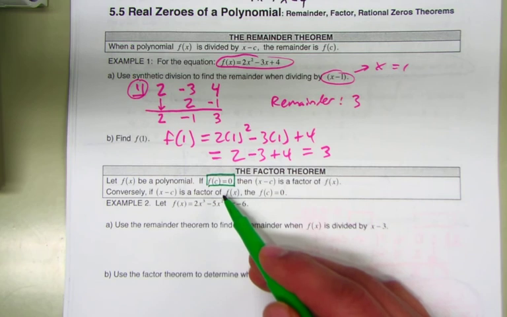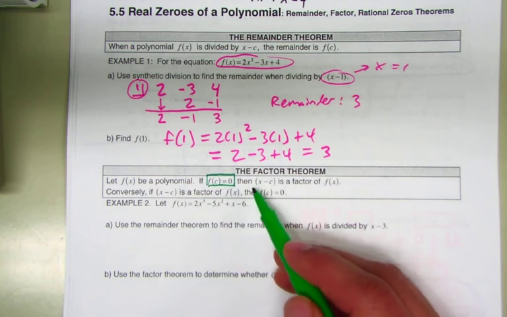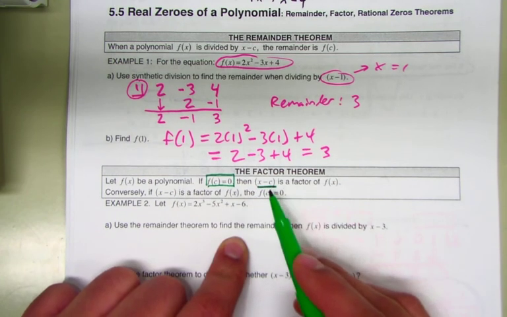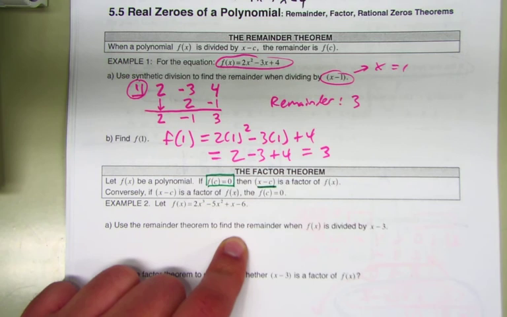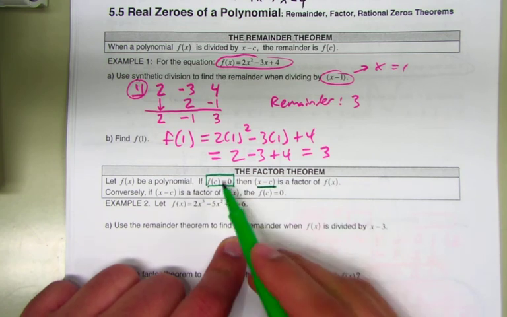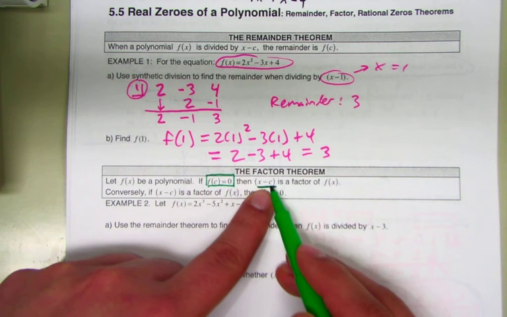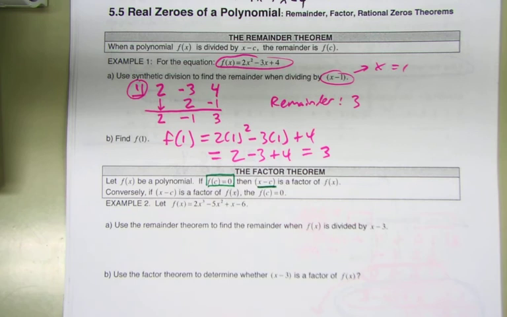And if there's no remainder, that means that c is a root or a 0 of the function. And if it's a 0, does it make sense then that x minus c has to be a factor? There are three little connect-the-dot steps going on there, but from beginning to end, if you plug in a number and you get 0, that number has to be a root, so x minus c has to be a factor. Okay? We've been dealing with that already.